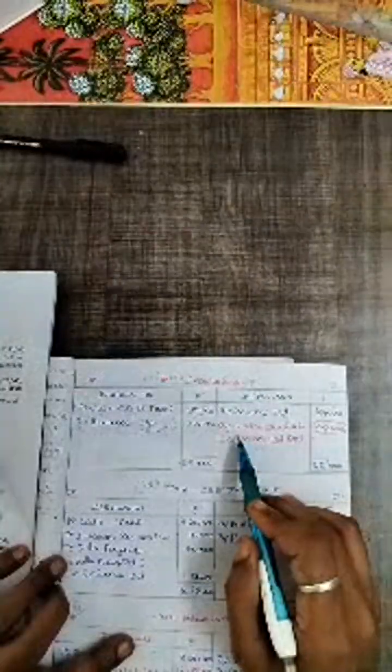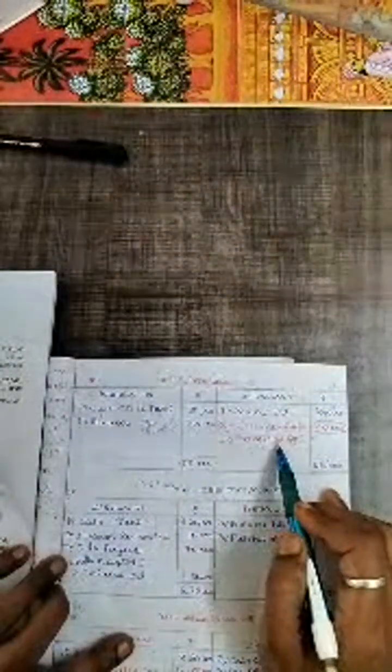After subtracting 10,000 from 50,000, you will get 40,000 rupees, right? So this is the balancing figure. That 40,000 rupees is denoted as sundry creditors, bills accepted.